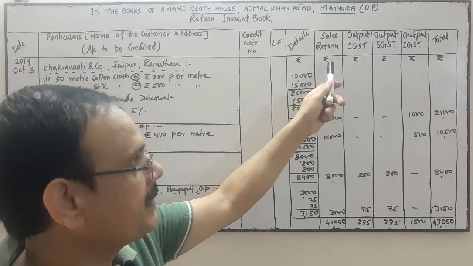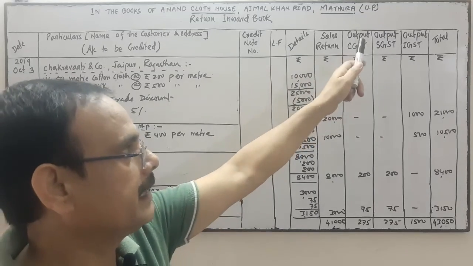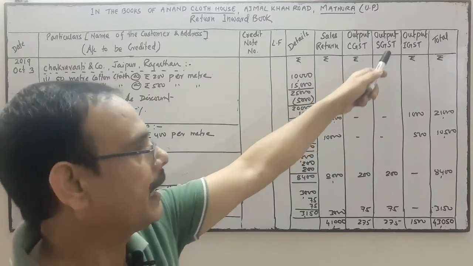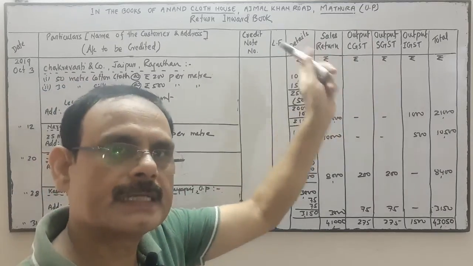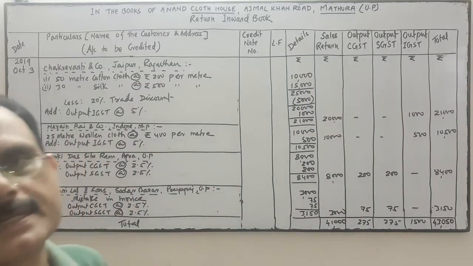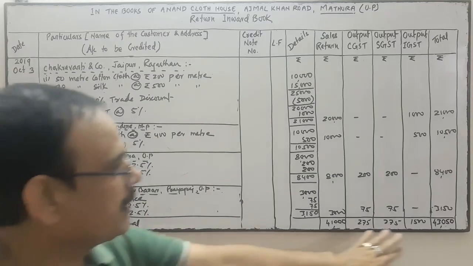In the sales return ledger, this will be debited. In the output CGST ledger, this will be on the debit side. Output SGST will be posted in the debit side. Output IGST will be posted in the debit side of the respective ledger. So finally we have done the total.